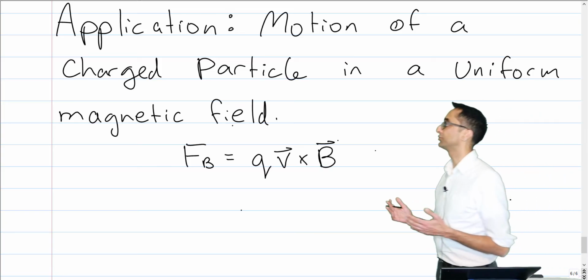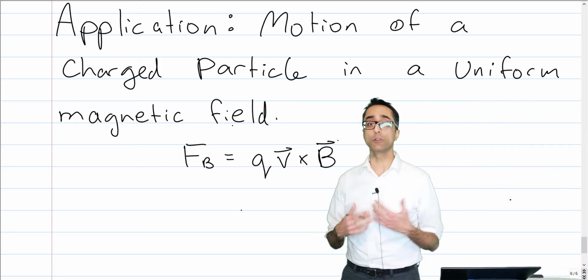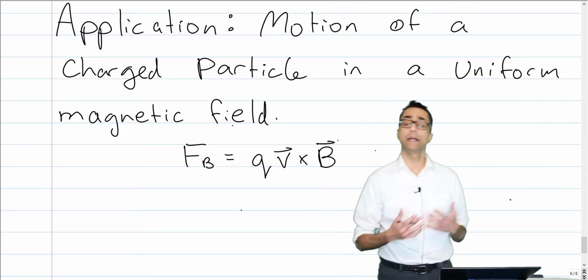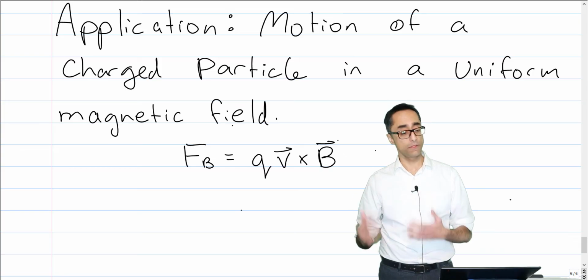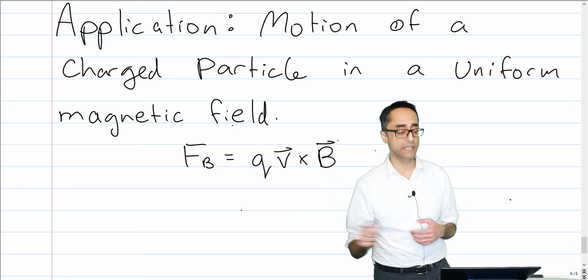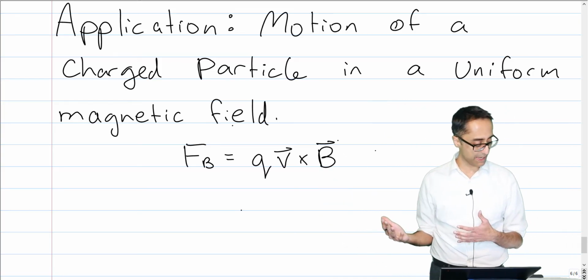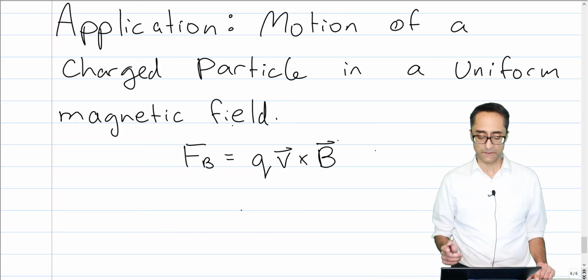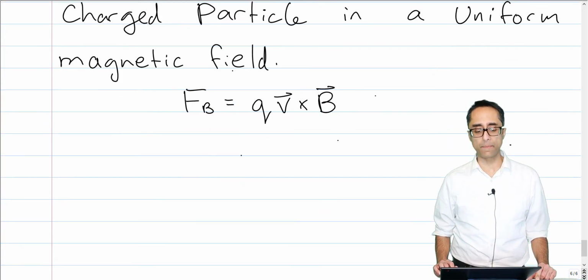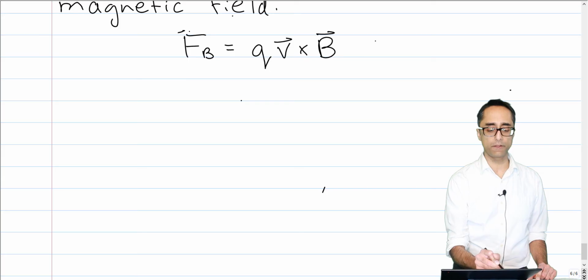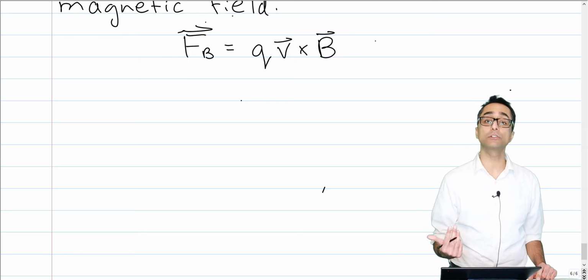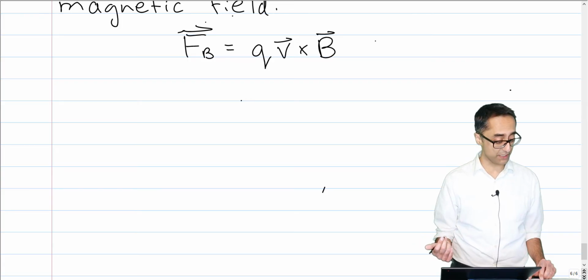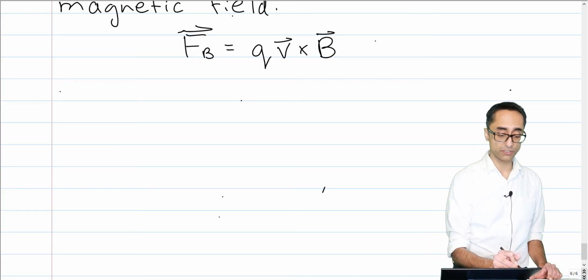That motion is going to be a combination of the velocity V that it has, as well as the acceleration that results from this force FB. So we take FB, we equate that to MA, and we see what happens. Well, what have we learned so far about the direction of this force, this eventual acceleration in comparison to the velocity of our objects, the velocity of our charge?